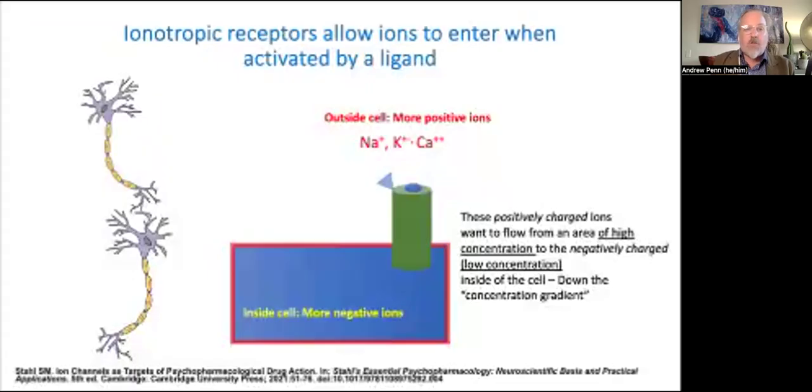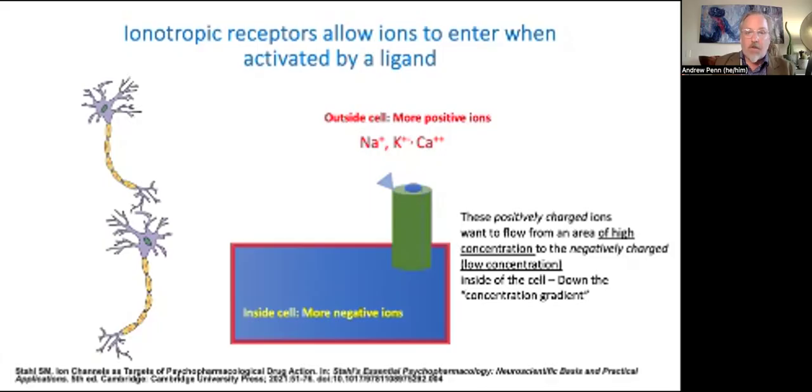So these ionotropic receptors, depending on which receptor they are, allow either positively or negatively charged ions to enter inside the cell from outside the cell. So there are more of those positive ions outside the cell. It's like all the people waiting for the sale on the morning of Black Friday.